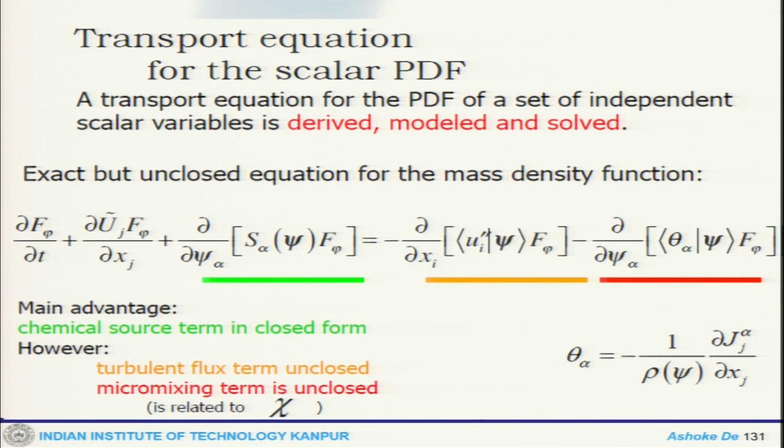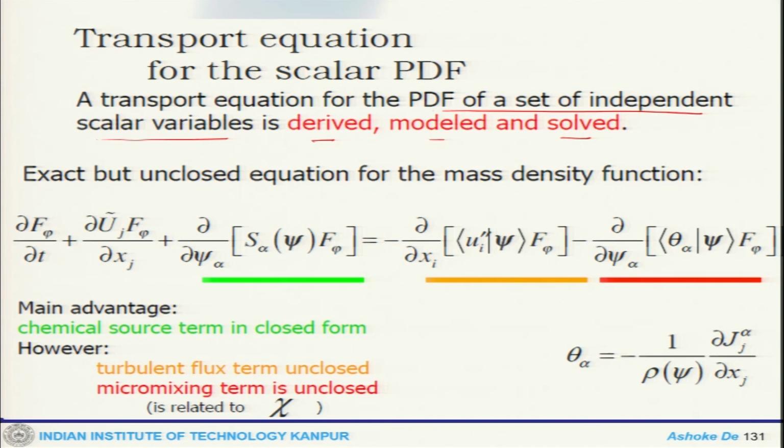Now we will look at our transport equation for the scalar PDF. It is nothing but an equation for the PDF of a set of independent scalar variables, which is derived, modeled and solved. When we say it is derived, there would be some unclosed terms.